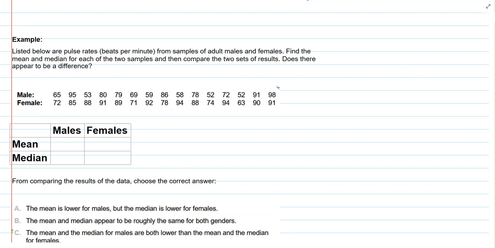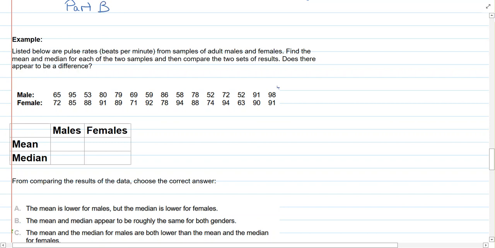Now we're continuing on with part B of the lesson on section 3.1, our topic that was measures of center.